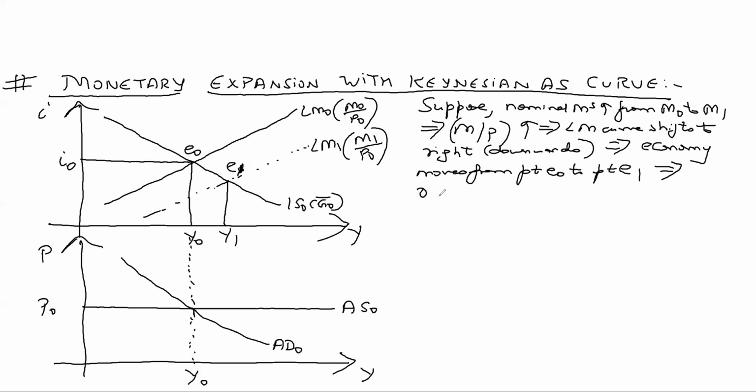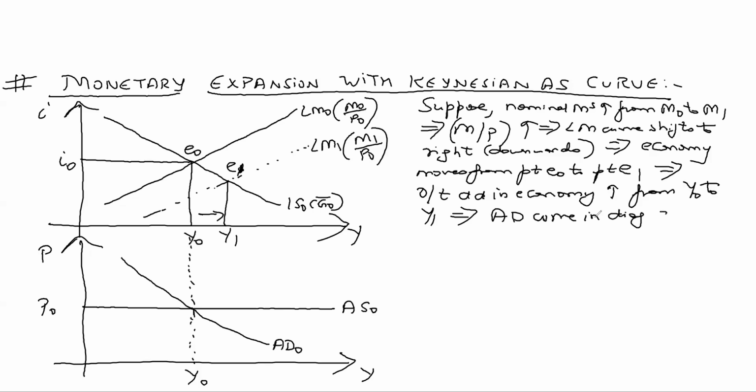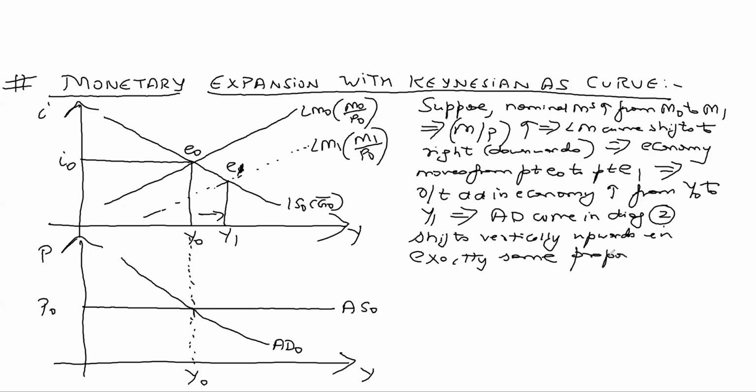Which implies output demanded in the economy increases from Y0 to Y1, which implies AD curve in diagram 2 shifts vertically upwards in exactly the same proportion as the nominal money supply.